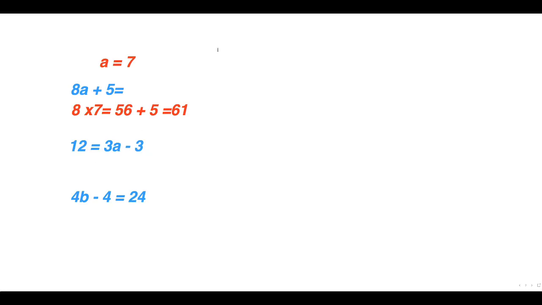So what we're going to do here is 3 times 7, which is, well done, 21. 21 minus 3 equals 18.